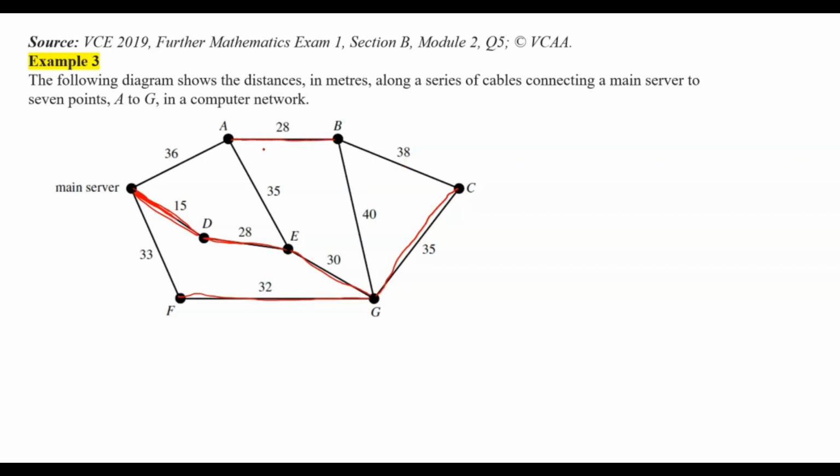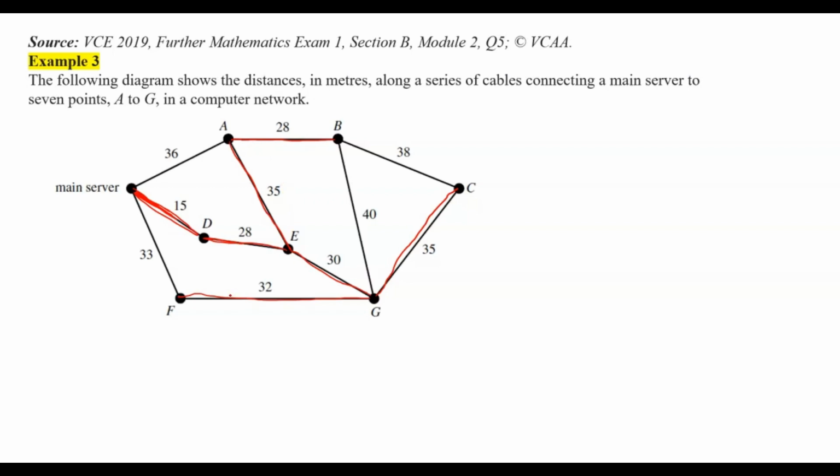That's the smallest one. And again, A has 2 connections, 36 and 35. So we pick the 35 because that's the smallest one. It doesn't form a cycle. We don't have a cycle, we don't have a loop, and it also fulfills n minus 1, which is the number of edges.